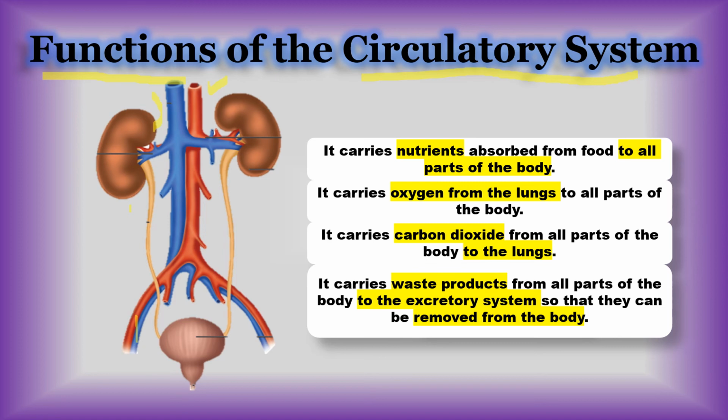All the waste product in our body which is not required by our body is collected by the circulatory system and passed to the excretory system, so that it can be removed from our body. So this is, children, the function of the circulatory system.